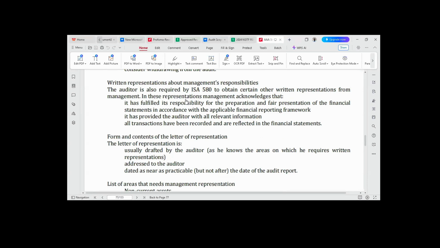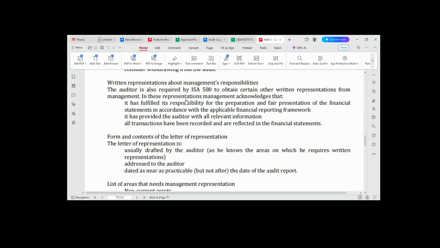Now, what is a written representation? A written representation is a letter that is drafted by the auditor on behalf of the client to address areas that were not accessible or information that was not available to the auditor in the course of the engagement.